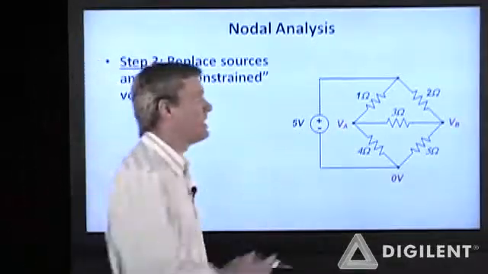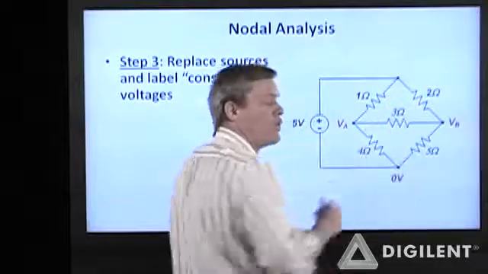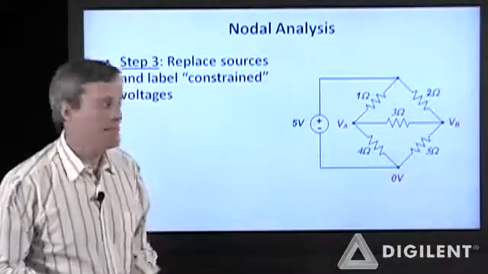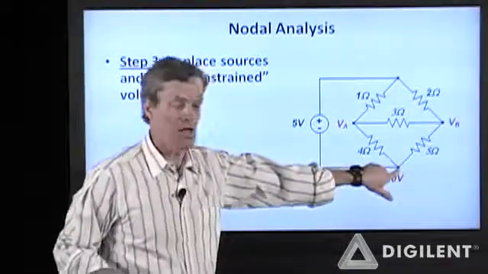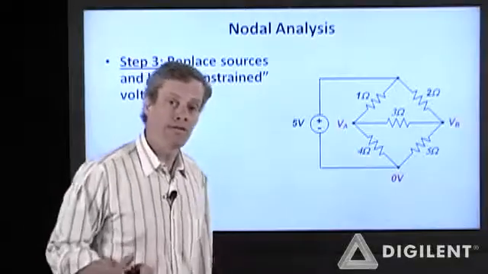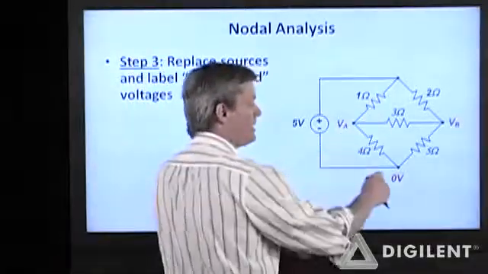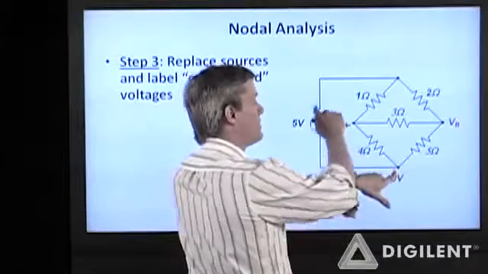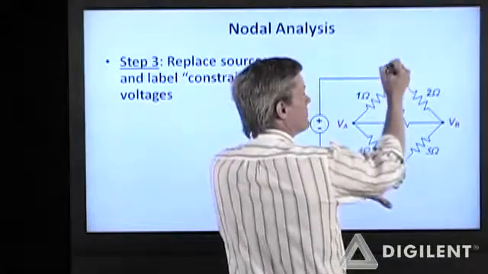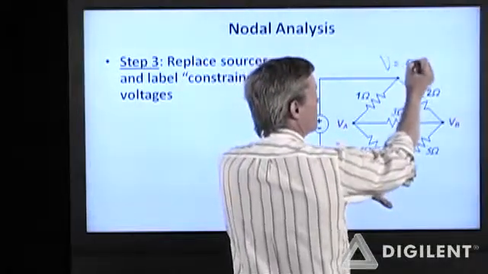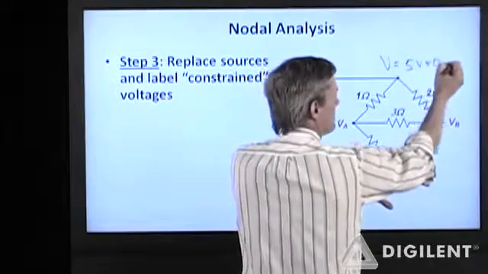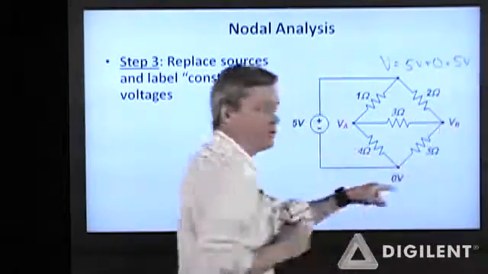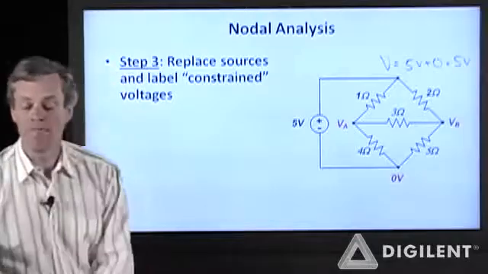I've already said that this node here is not independent, it's dependent upon this one. I can actually write the voltage here. It is 0 volts plus 5 volts, so V is equal to 5 volts. We know what that voltage is.